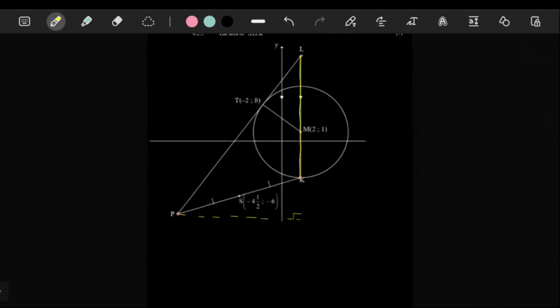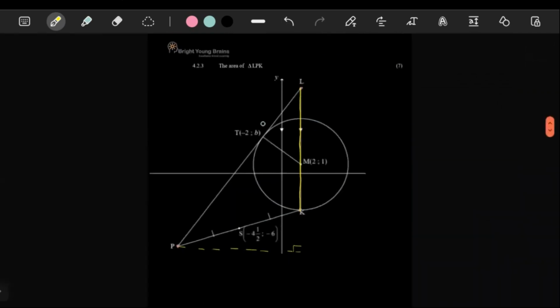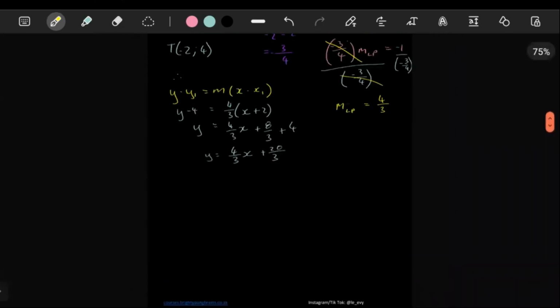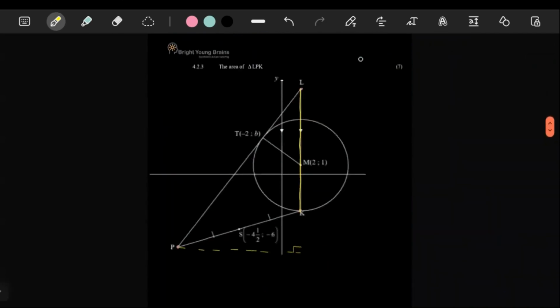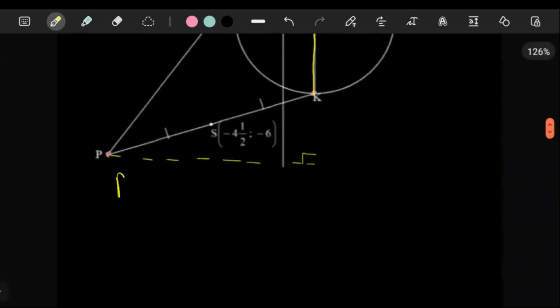Now the idea is, fortunately, you have the equation of LTP. It's over here. Now what you know about L is, if you think of it right, here you have a base, you have a perpendicular height.